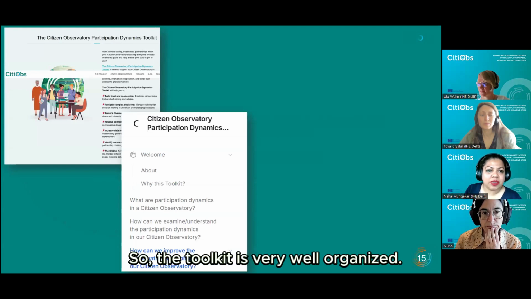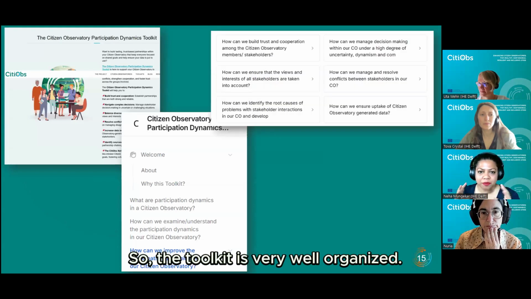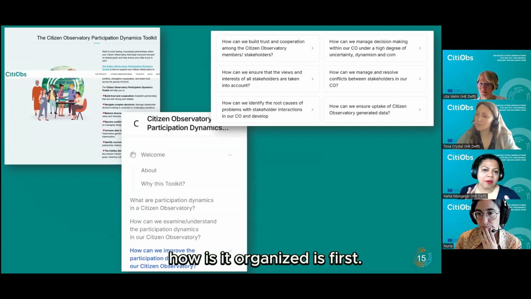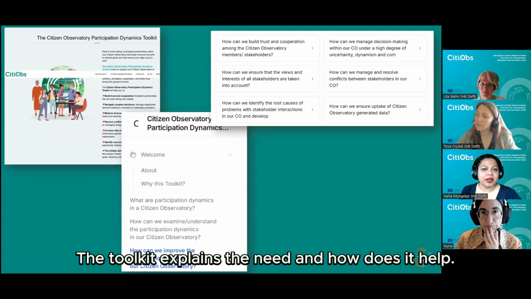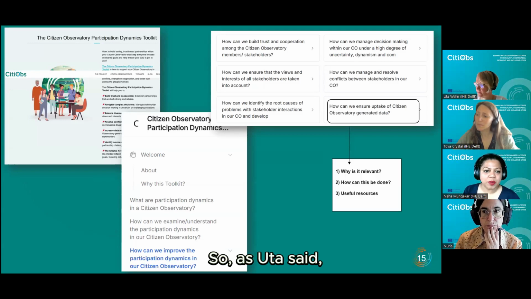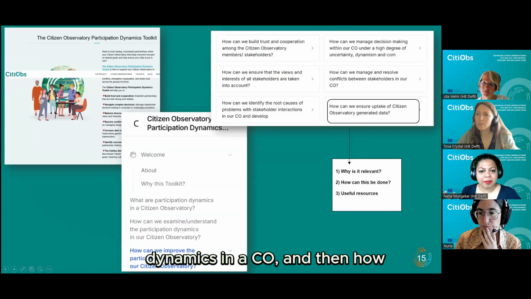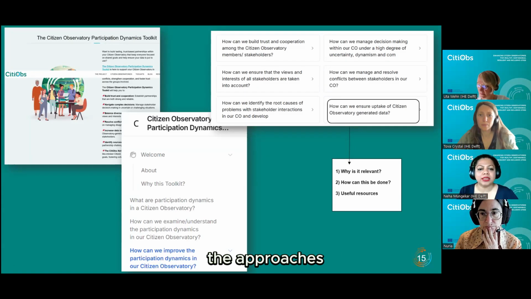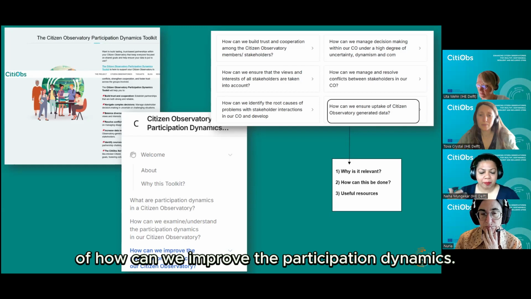Yeah. So the toolkit is very well organized. I'll be taking you through it. How it is organized is, first the toolkit explains the need and how it helps. As Uta set the premise by explaining the dynamics in a CO, and how we can examine and understand them, what I am taking you through is the reasonings and approaches for how we can improve the participation dynamics.